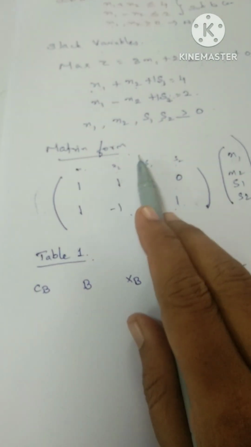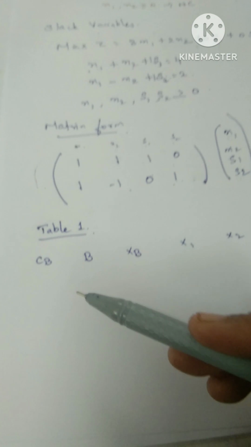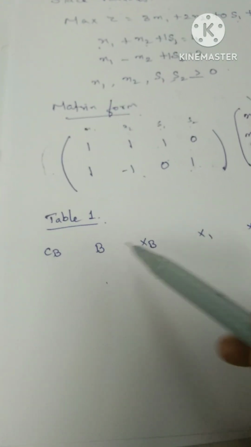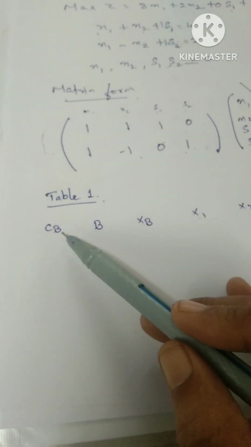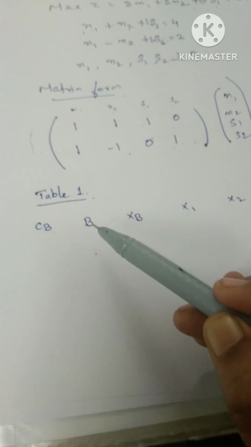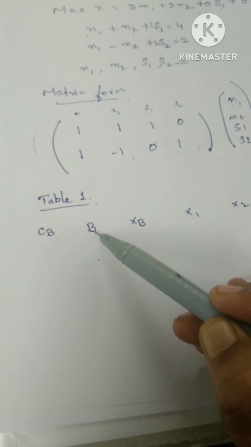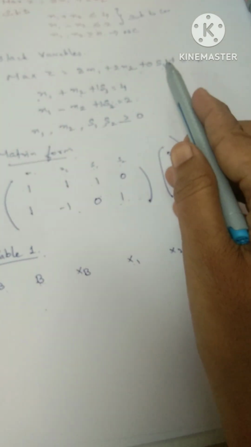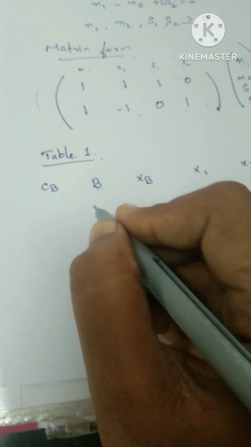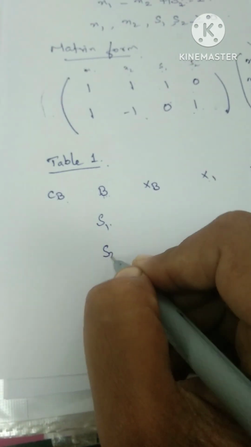Now the entire matrix form is to be converted into the table form. Here we have the columns CB, B, XB, X1, X2, S1 and S2. We know what CB is. CB is nothing but the slack variable coefficients. B is the slack variables; here we introduced the slack variables S1 and S2, so the values will be S1 and S2.